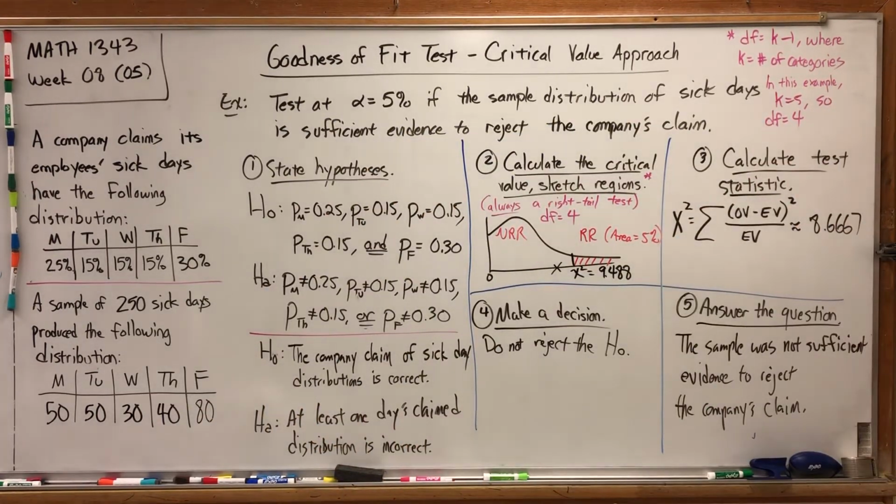Had we used a 10% significance level, the degrees of freedom would have still been 4, and our critical value that separates the regions would have been 7.779. So just as an interesting side note, had this been a 10% significance level, we would have actually rejected the null hypothesis.